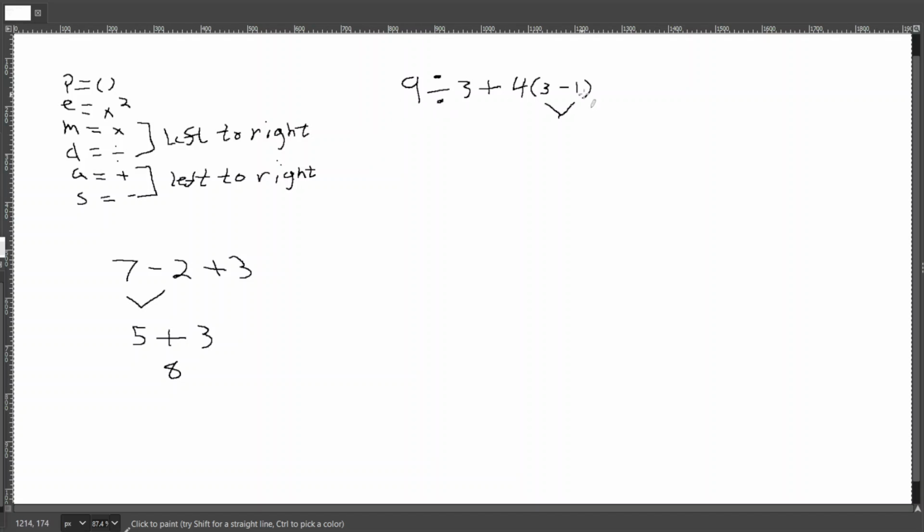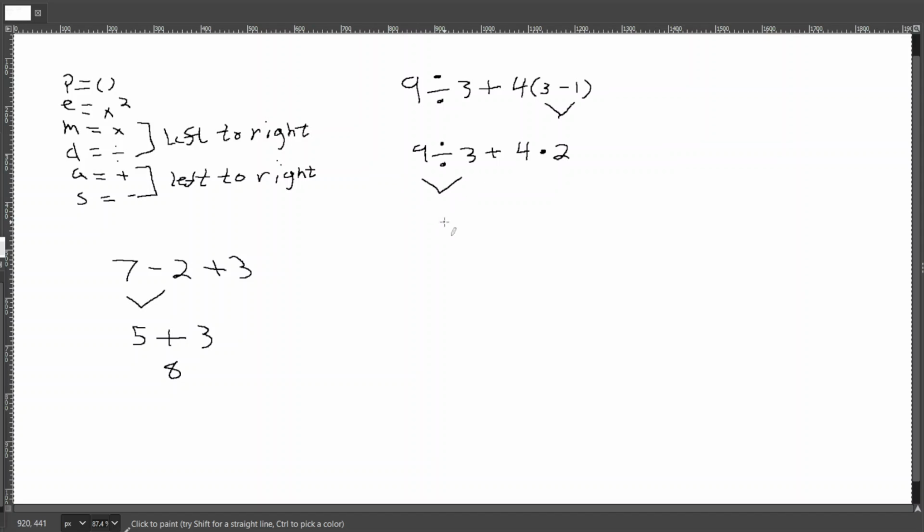I bypass everything else, and I get this 2 here. Now I can bring down the 4, and I put the parentheses here as my style, okay? This is my style. I like 4 parentheses 2. If you don't prefer that, it's okay. But you must know that this is times, okay? If you want to write it as a times, there's nothing wrong with that, okay? So now I handle my division and my multiplication, right?